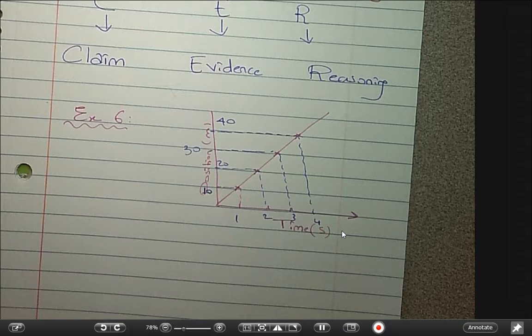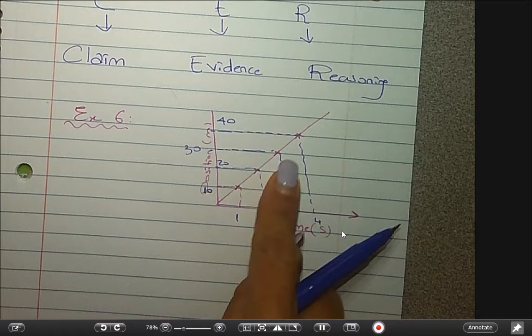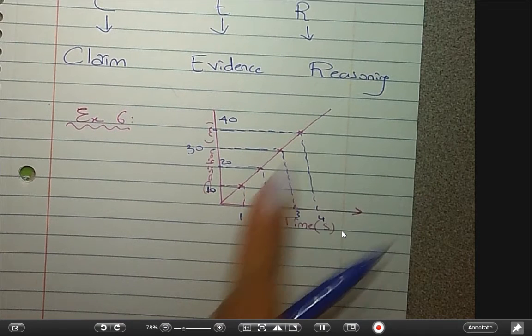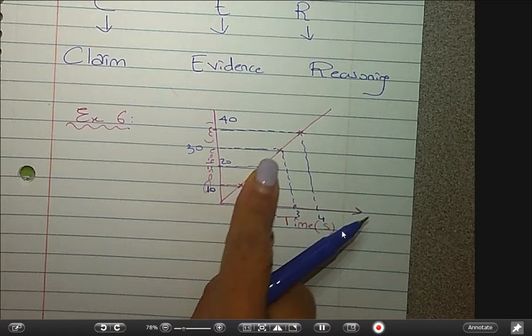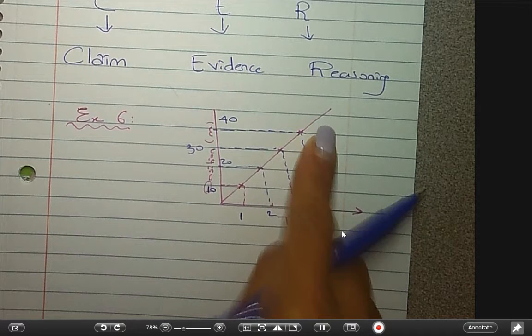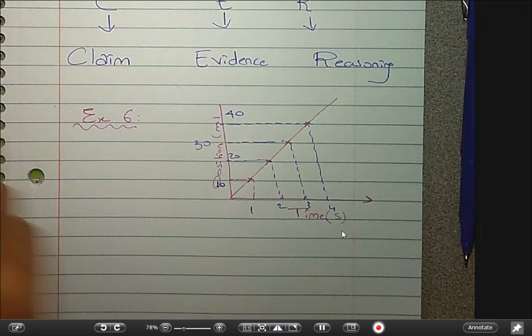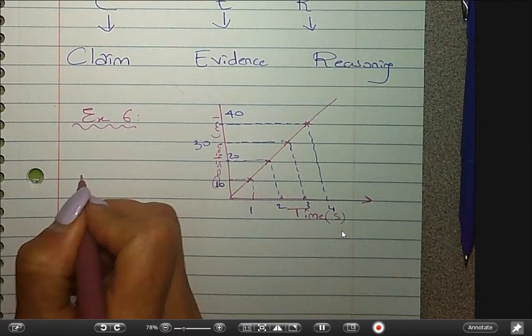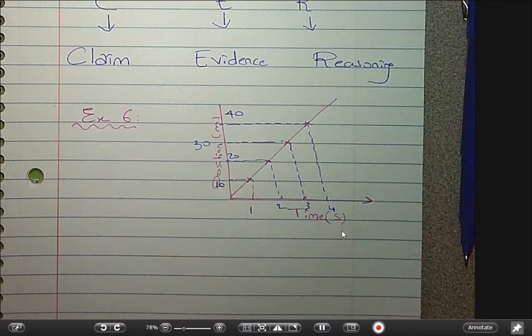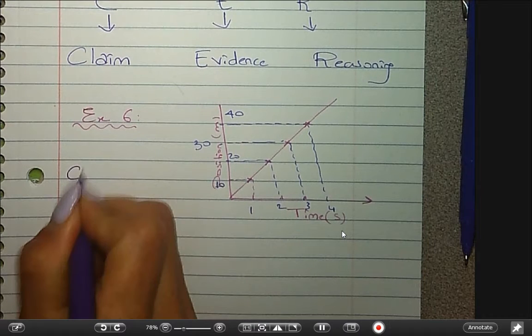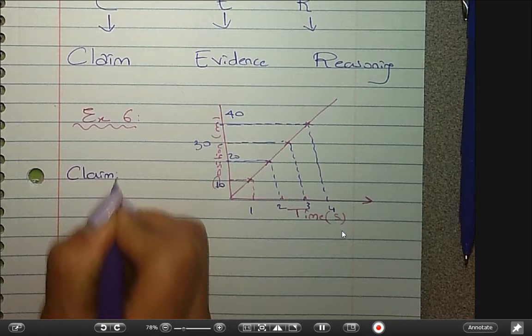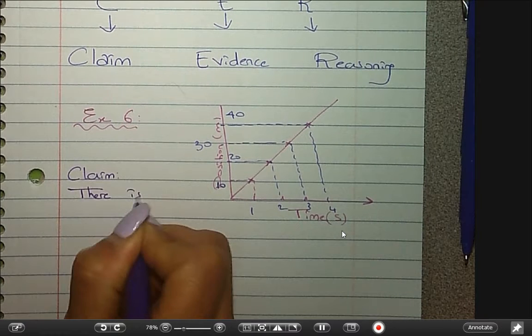So what's happening here? When we look at it, we see that there is motion. There is motion because this is moving, and the distance is getting bigger. So we know that there is motion. So your claim would be there is motion.